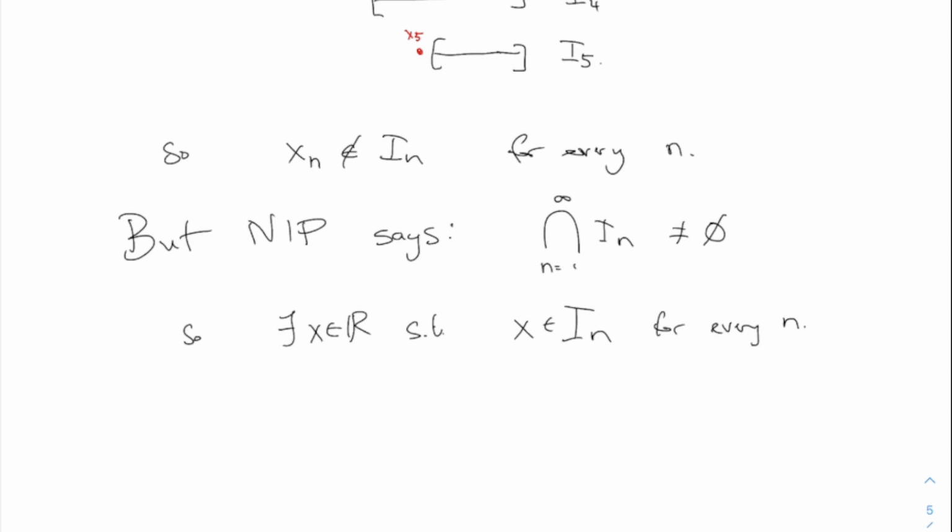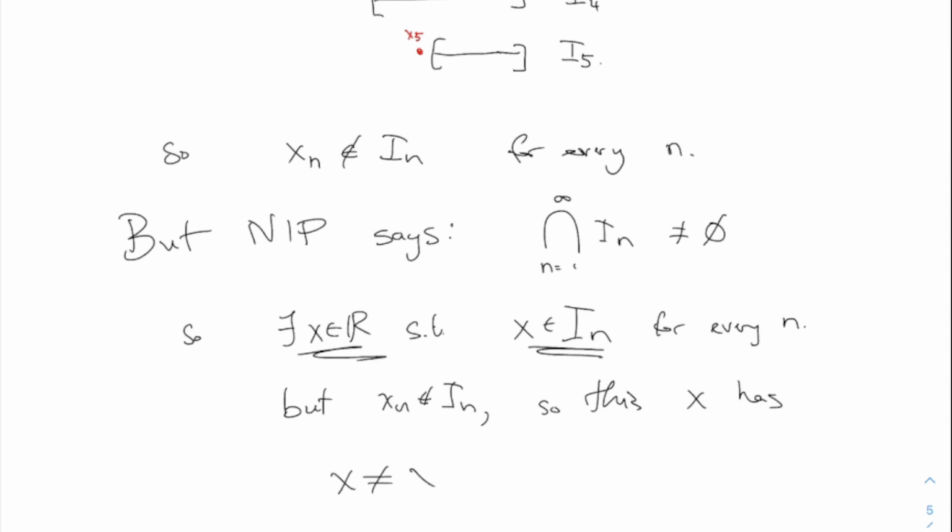Okay, but here's where the contradiction arises. But xn is not in In, right? So this x here, I'll just write it this way: x is not equal to xn.